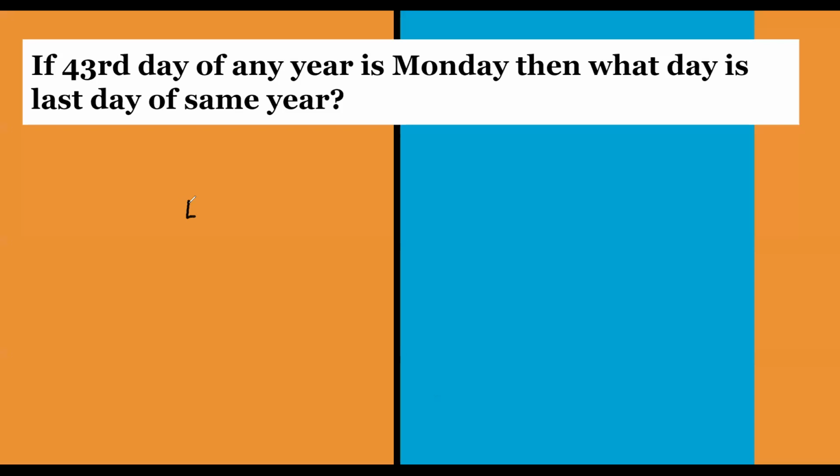Now you see, the 43rd day of any year is Monday. What day is the last day of the same year? We don't know whether it is a leap year or a non-leap year. So we consider 365 and also 366. If we have 365, how much is the difference? The difference is 322.